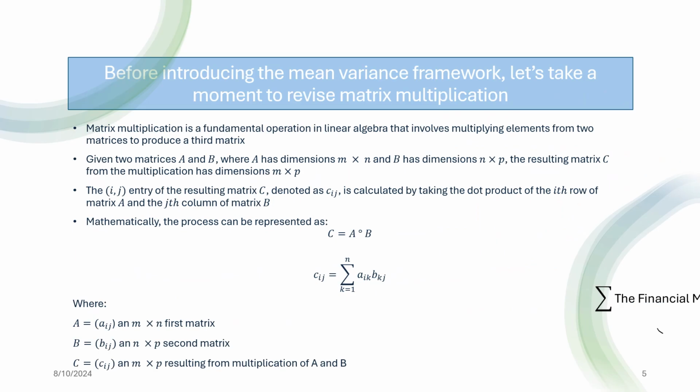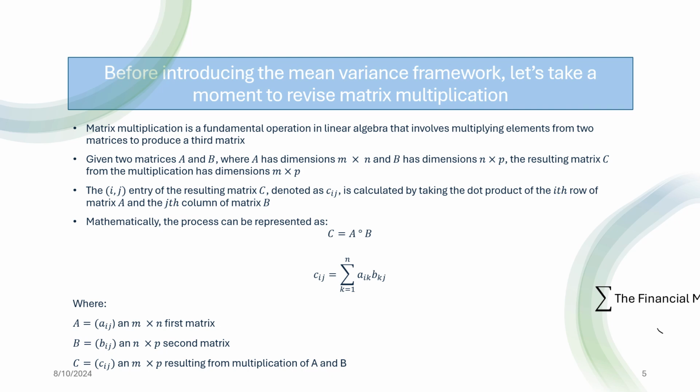Before introducing the mean variance framework, let's take a moment to revise matrix multiplication. This is a fundamental operation in linear algebra that involves multiplying elements from two matrices to produce a third matrix. We use the matrix notation where a bold capital letter represents a matrix.